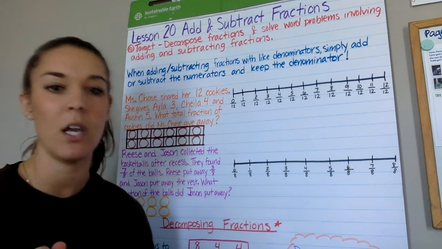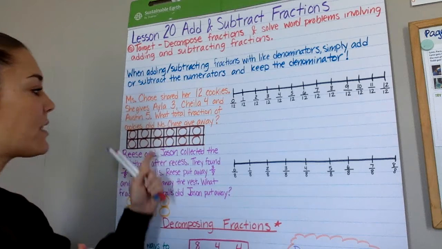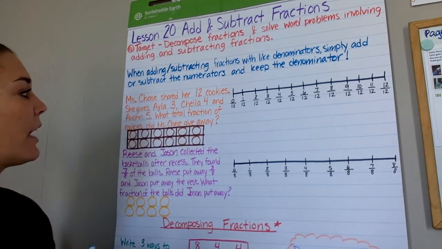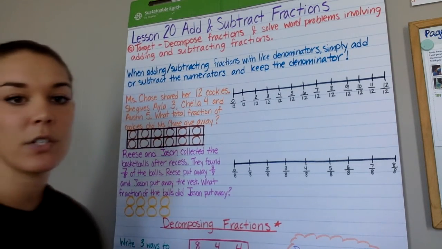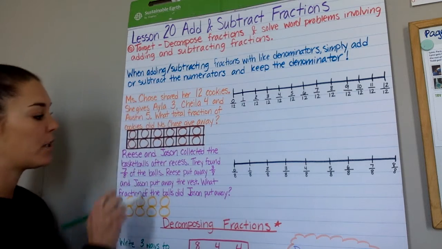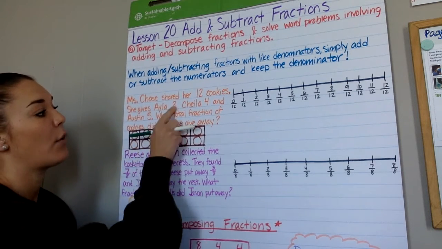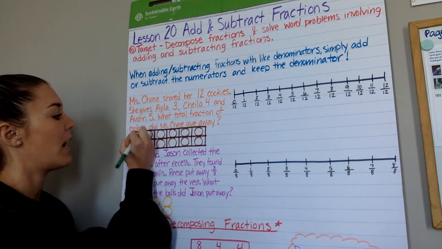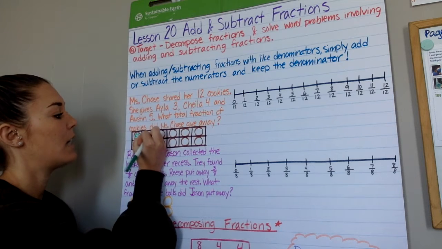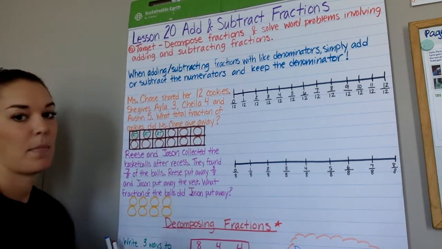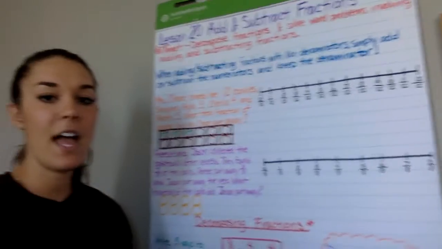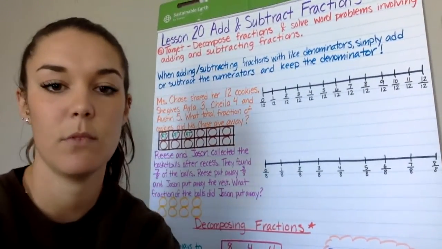Because that just reminds me who gets what. So I'm going to start with Ayla, and I'm going to use Ayla's initials, A-T, and I'm going to do A-T in 3 of these cookies because that's what Ayla had. A-T, A-T, A-T, okay?